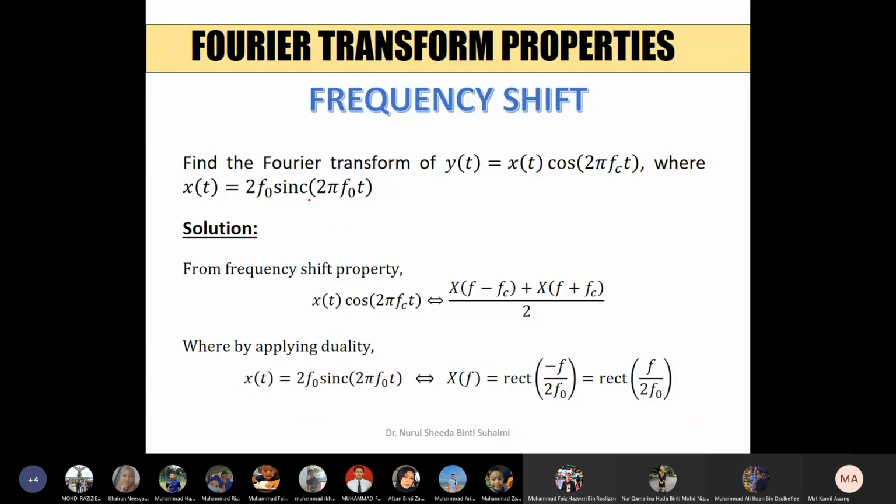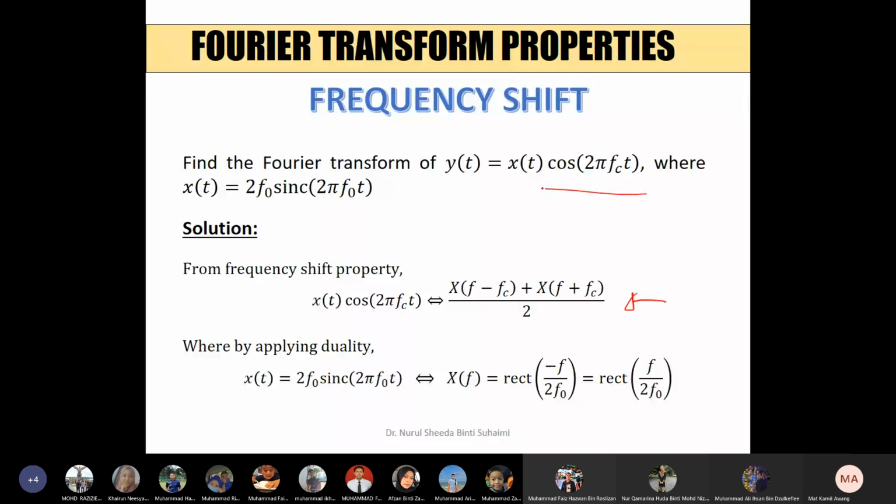Example, find the frequency transform of y of t equal to x of t cosine 2 pi fc t, where x of t is equal to 2 f naught sinc 2 pi f naught t. So the solution is that for frequency shift, this is the property just now: x of t cosine 2 pi fc t transforms into x of f minus fc plus x of f plus fc.